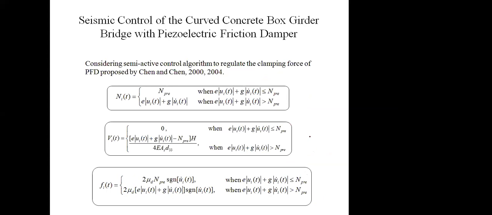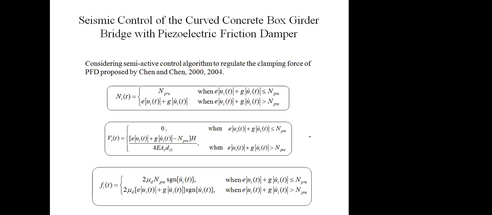Okay, so for the current structure, what I did: firstly I chose a value of N pre equal to 1000 kilonewton, and I took three things constant and optimized the first one, second one, third one, and then the fourth one. I also observed the result for the passive case, meaning when there is no force, only N pre is applicable and all other parameters are 0, and what its effect will be.